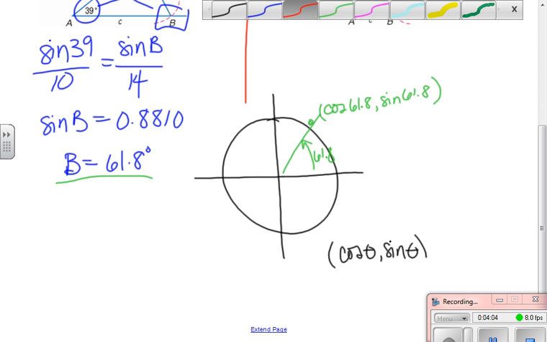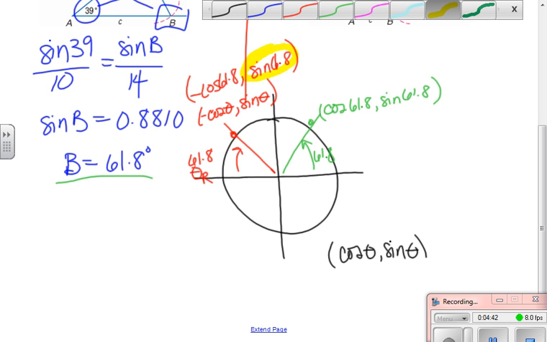Now, in our study of the unit circle, we know that we could draw that reference angle of 61.8 here. And what would be true about the ordered pairs here is it would be negative cosine of theta, sine of theta, where in this case our reference angle gives the cosine of 61.8, sine of 61.8.